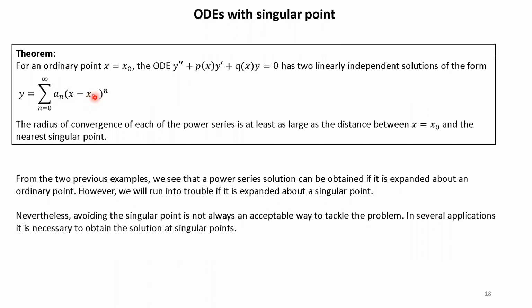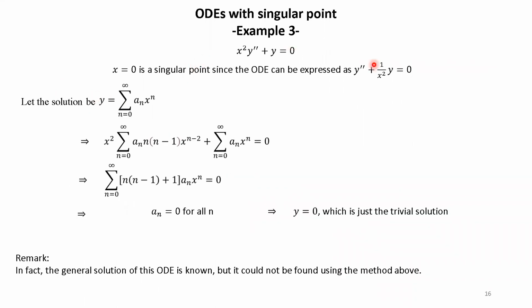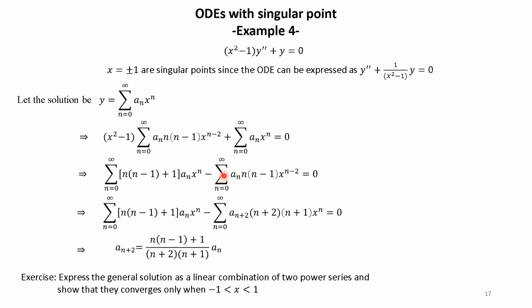In the first example here, the singular point is at x equals 0. But the series that you are trying to use is this one, a_n times x minus 0. So you are trying to have this series about that singular point, and that's why the whole thing won't work.